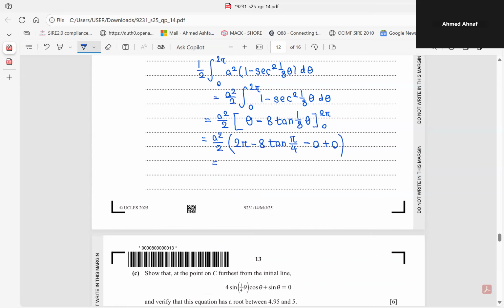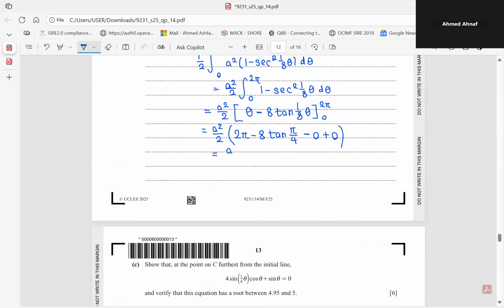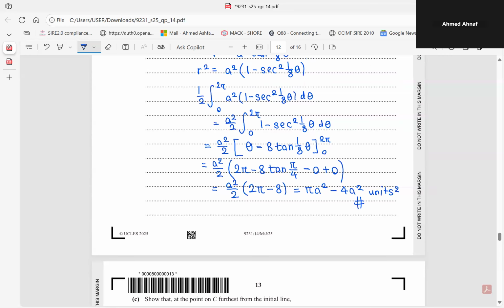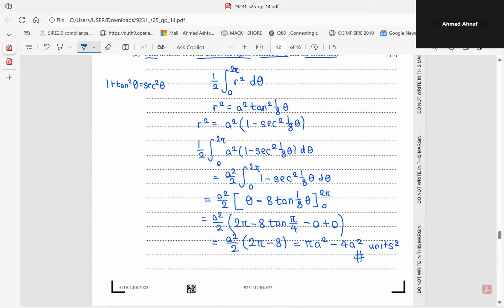Simplifying, it's 2π minus 8, since tan π/4 is 1. Then expanding this, you get πa squared minus 4a squared, units squared.